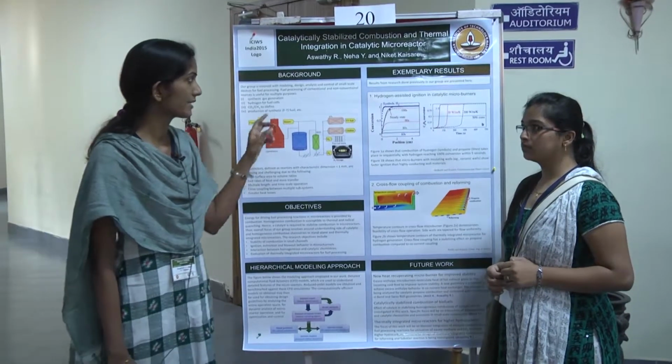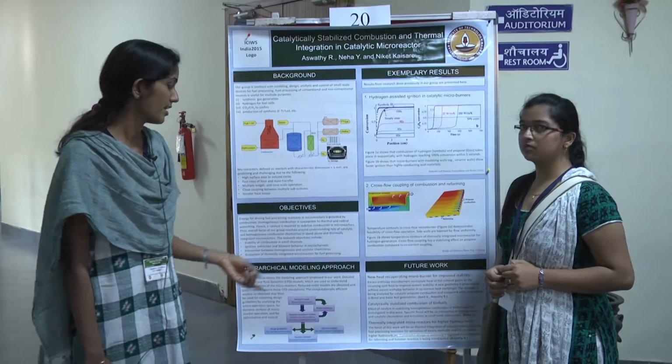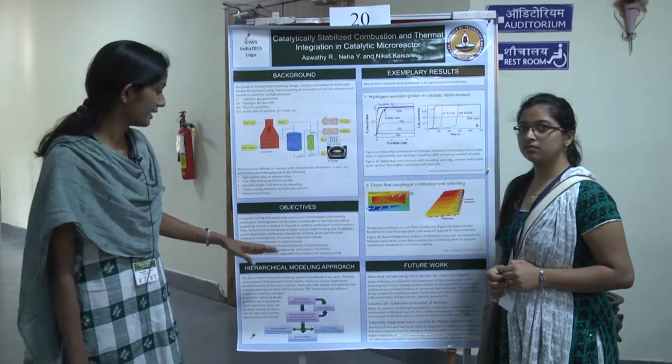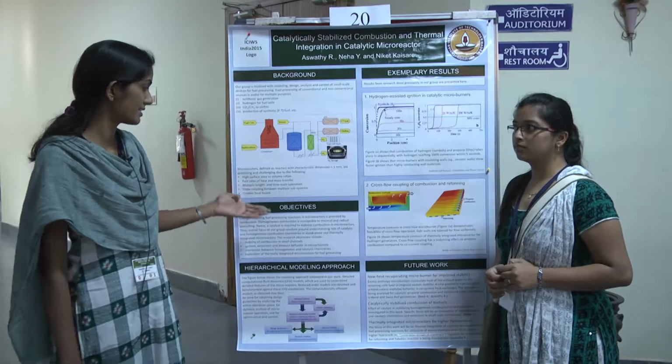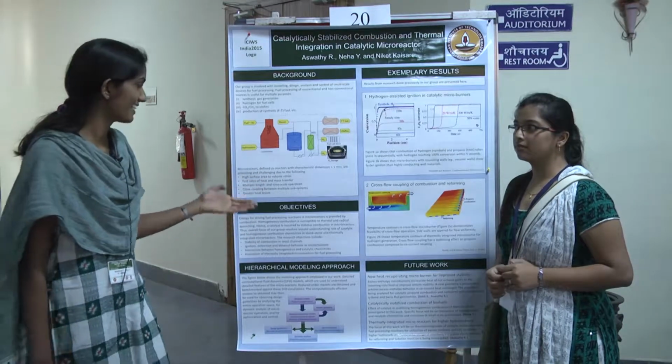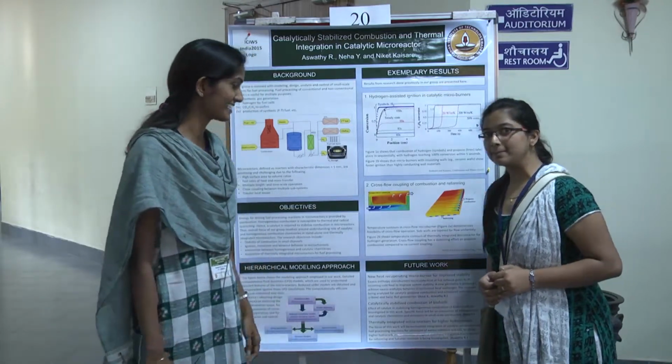So we are looking at catalytic combustion, catalytically stabilizing the combustion process, and we are also looking at thermal integration of microreactors because of the high rates of heat transfer. It can be used for thermally integrating the reactors.